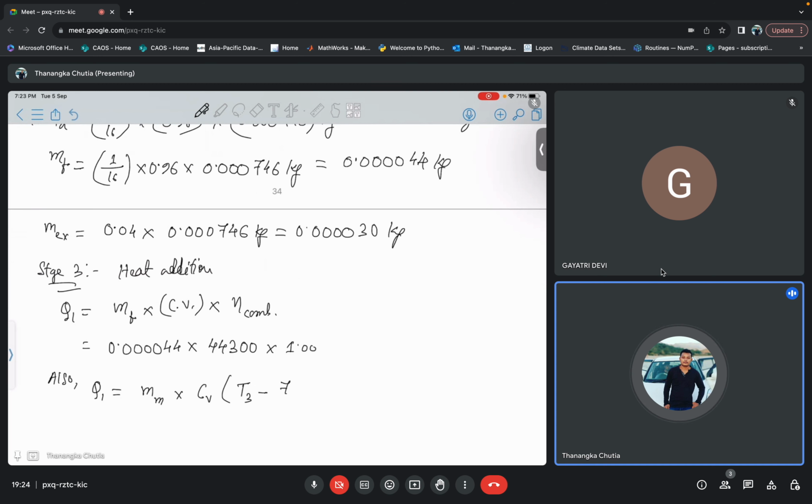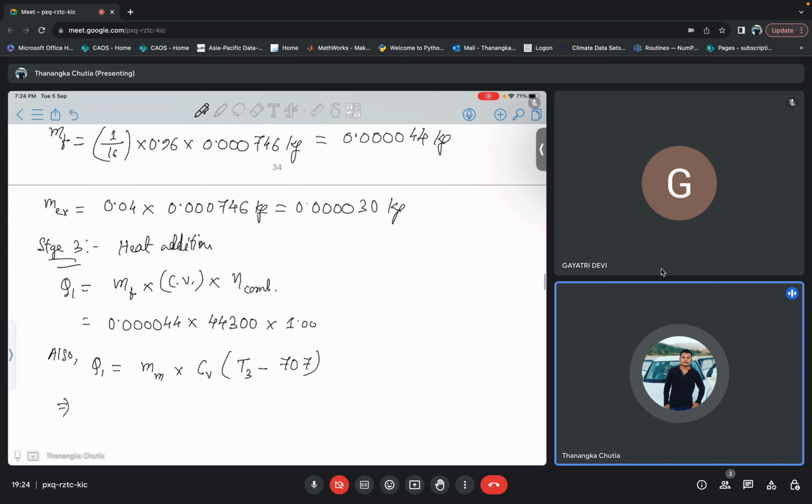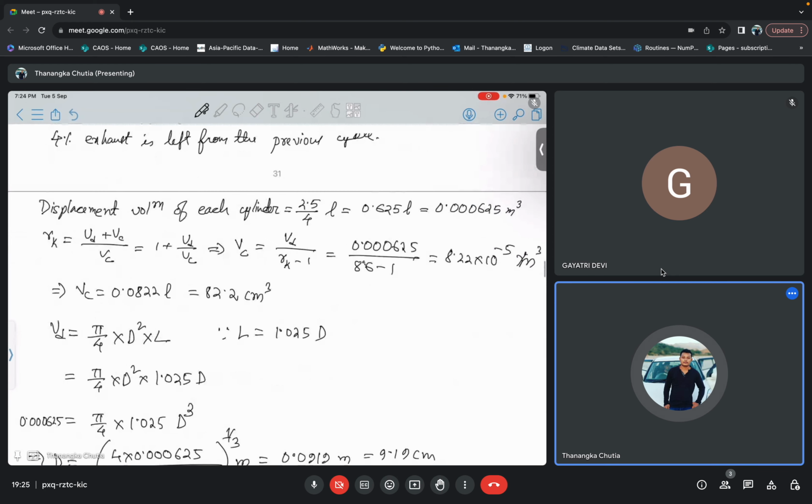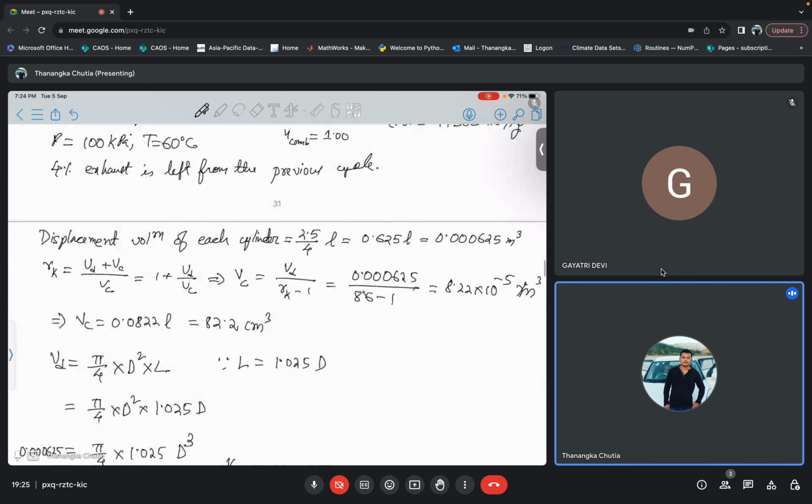And what is T2? We have already got this as 707 Kelvin. So from here we can calculate the temperature T3. Put the value of Q1 here: 0.000044 into 44300 into 1 is equal to the mass of the mixture, 0.000746. Remember this is not air, so they have given the CV value as 0.821.